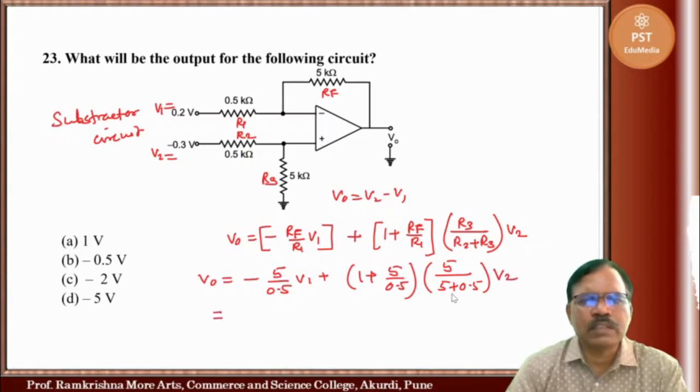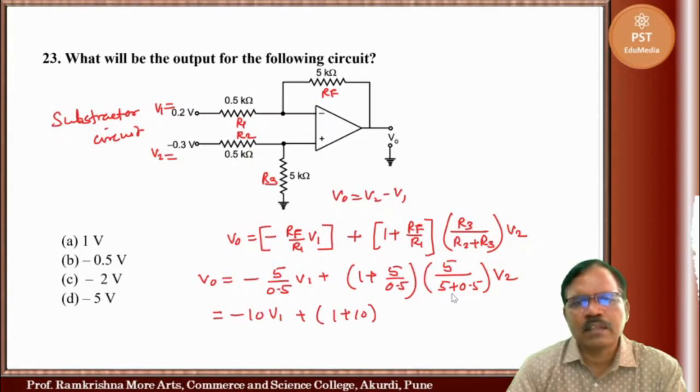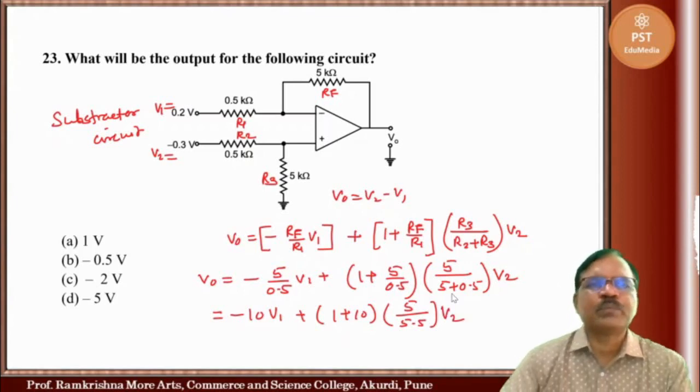So this first one is minus 5 upon 0.5, it is minus 10 into V1 plus, now 1 plus 10 into 5 upon 5.5 into V2.